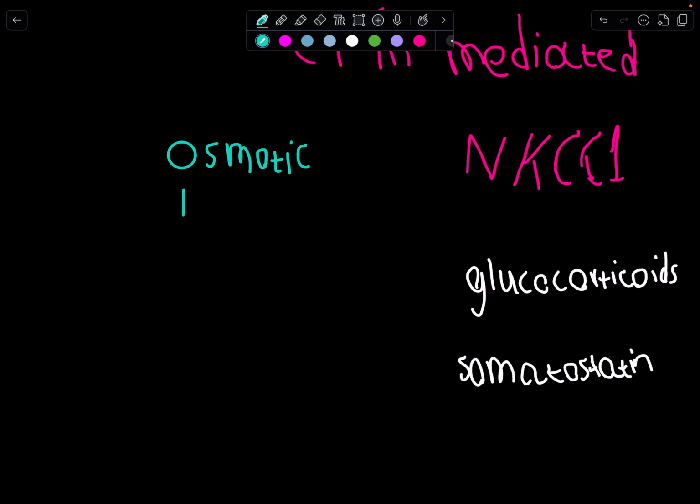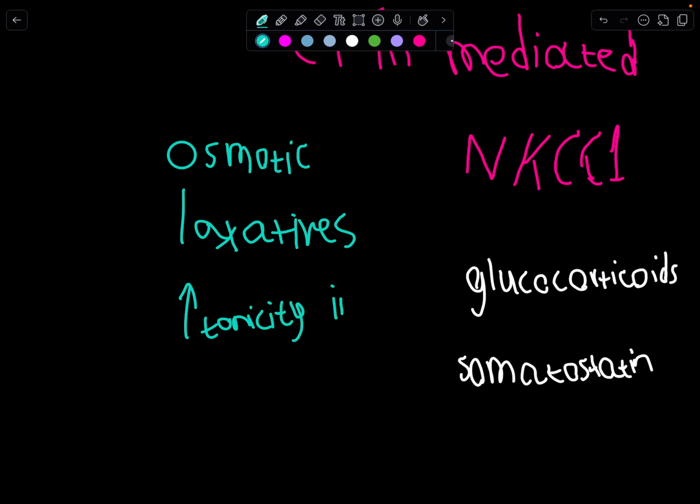No, it's okay. Let's talk though about osmotic laxatives, lactulose, macrogol. They increase tonicity of the intestinal lumen and draw water out of cells. How do they do that? Osmotic laxatives, lactulose, macrogol, are non-absorbable sugars or polymers that stay in the intestinal lumen, increasing osmolarity, solute concentration.